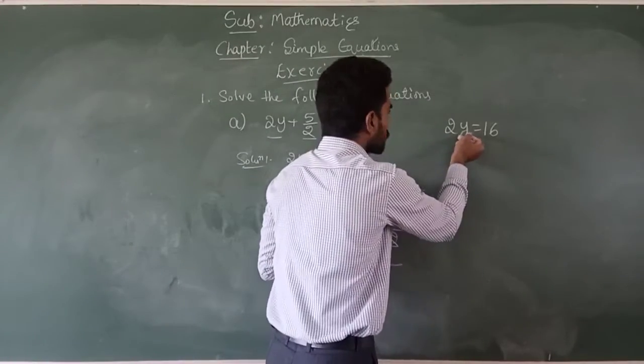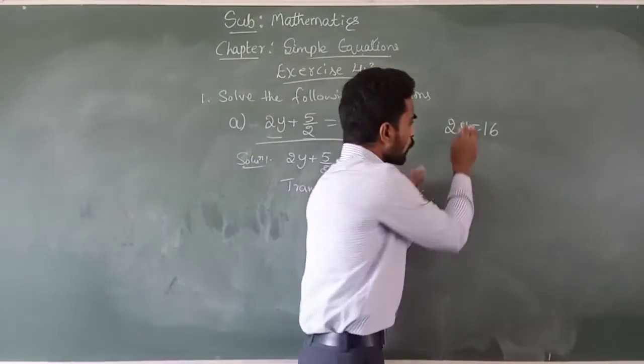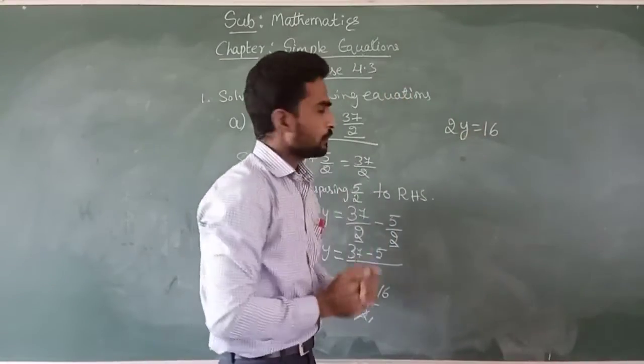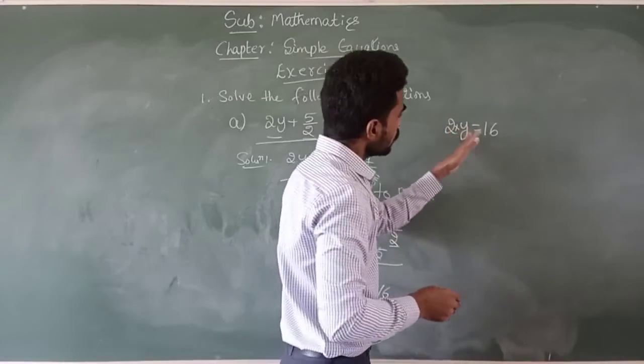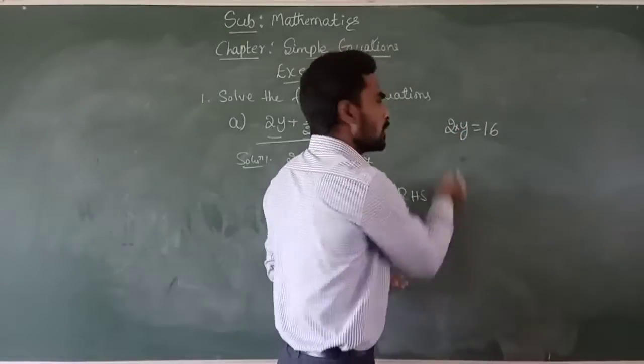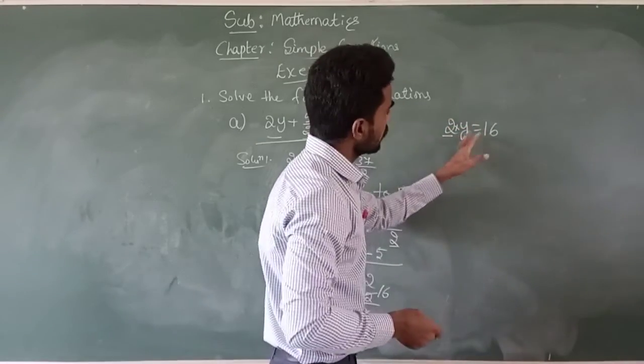Here we can find the solution of the equation, that means the value of the variable y. Here the number 2 is multiplied to this variable, so we divide both sides by this number and we get the solution.